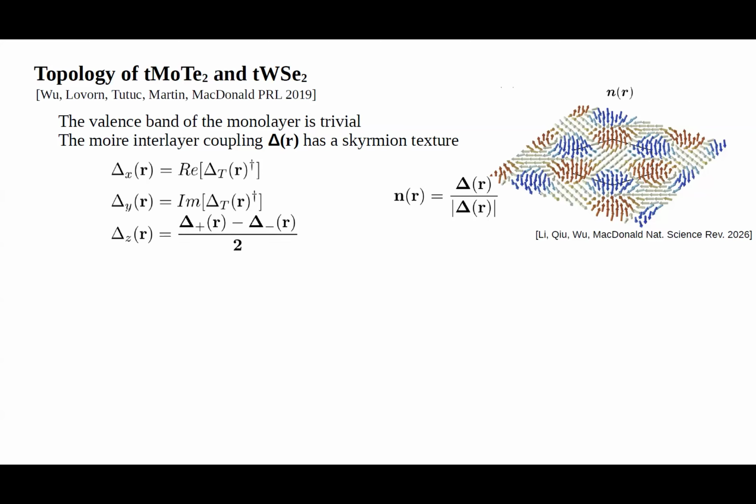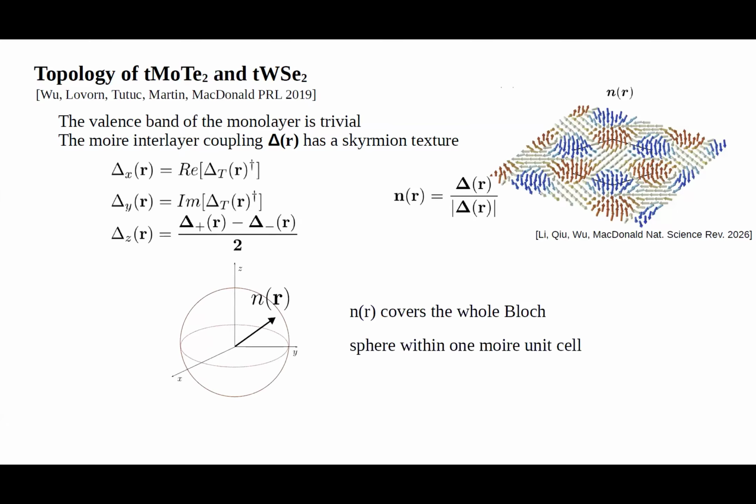More specifically, if you build this vector that's made out of the different moire potential, so the interlayer and intralayer part, so it's a vector that they plotted in the Brillouin zone, you can show that it has a non-trivial texture in the moire unit cell. So it actually has a skyrmion texture.